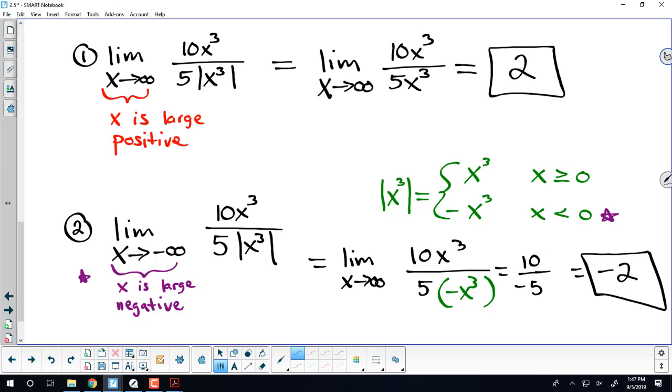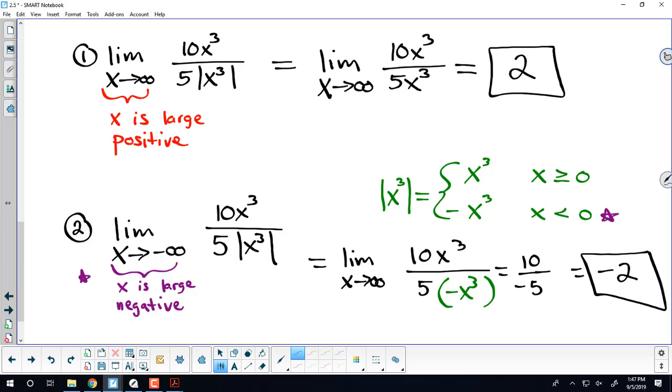I thought the absolute value had to be positive, so I'm missing the logic jump as to why it would be negative 2. The absolute value outputs something that's always positive, depending on the input. The reason we have to make everything negative here is because we're plugging in negative numbers. If I plug in a negative 2 and cube that, I get a negative 8, but then I multiply it by that negative 1, which gives me a positive 8.